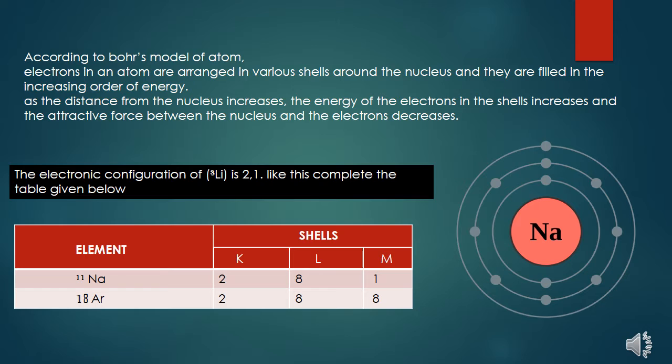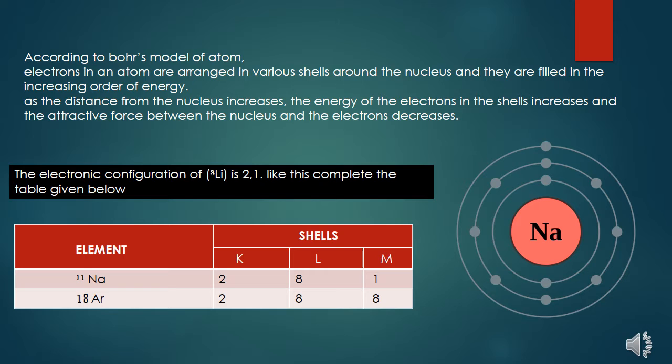Got it? The first energy level, which is closest to the nucleus, is called the K shell, and the shell number of the K shell is 1 because it is the first shell. The second energy level is called the L shell and its shell number is 2.